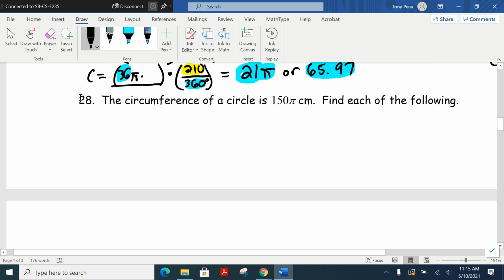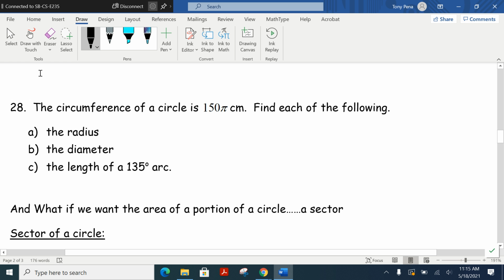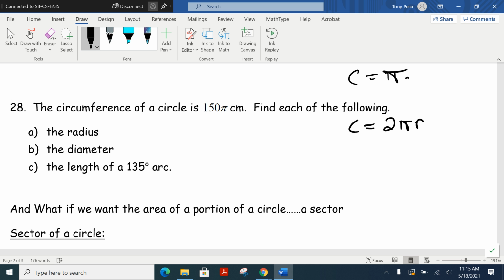All right. Then real quick, let's try 28. So 28 is a little different. I don't give you the graph. You're just given that the circumference is 150 pi. So we know the circumference formula is always 2 times pi times the radius, or, especially for this one, you could understand your circumference is pi times your diameter. Both of those are perfectly correct.